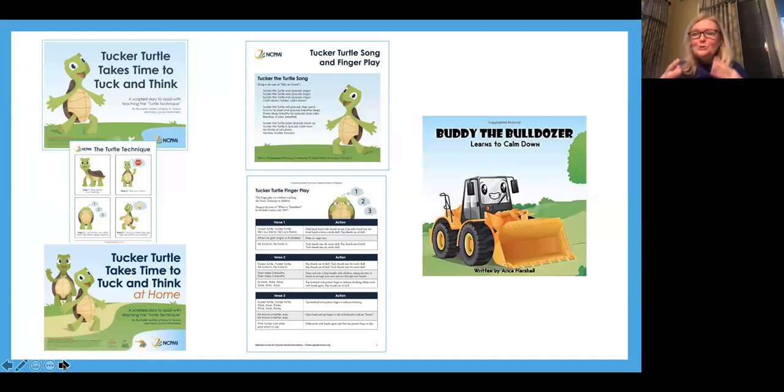Then it goes through how he learns to cool his engine. After he cools his engine, he thinks with another piece of equipment, they problem solve about different things they could do, and then they try one together. So it goes through that whole process of calming down and then coming up with a different solution.